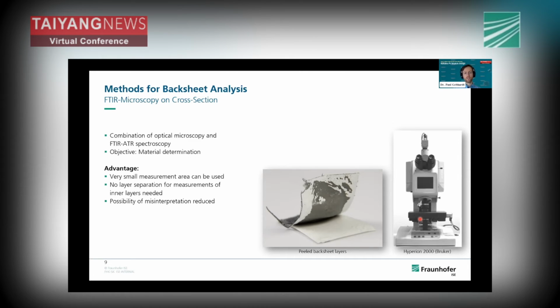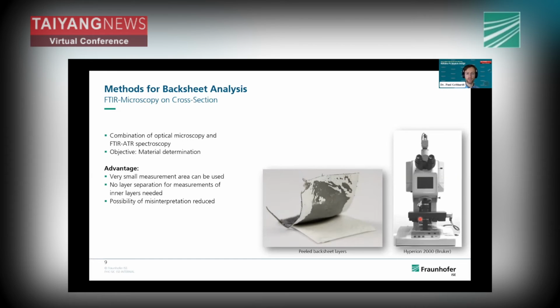But what I want to talk about is the exact determination of the different backsheet layers. So if we have a module from a module buyer and they are not sure if the backsheet is really the one that's listed on the data sheet, for example, or that was agreed on during the purchase process, we need to check the material for its components, and sometimes it's not easy to separate the different backsheet layers.